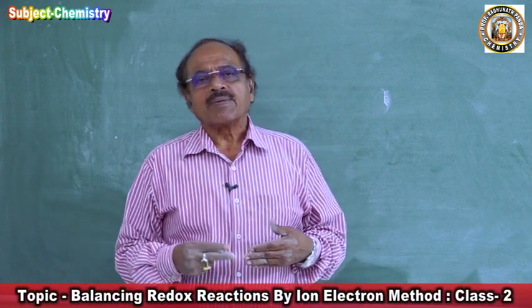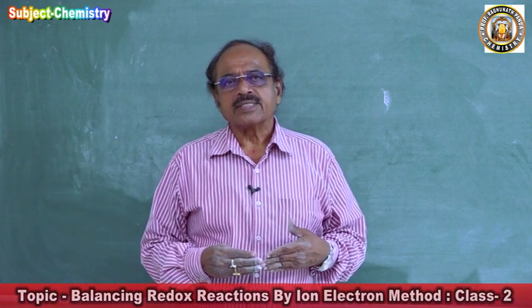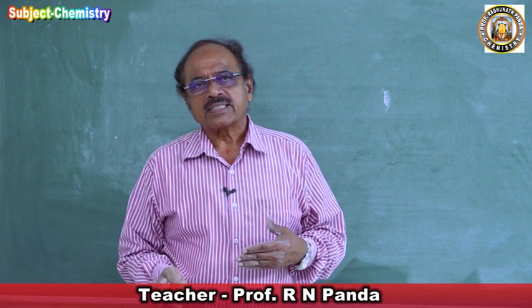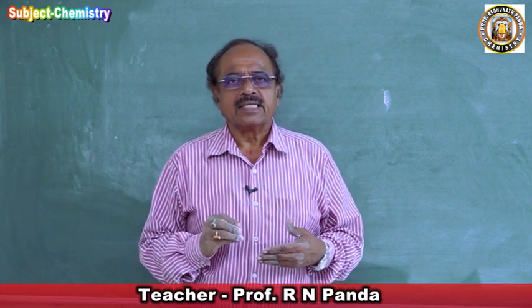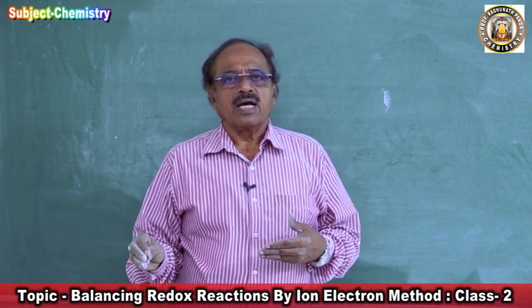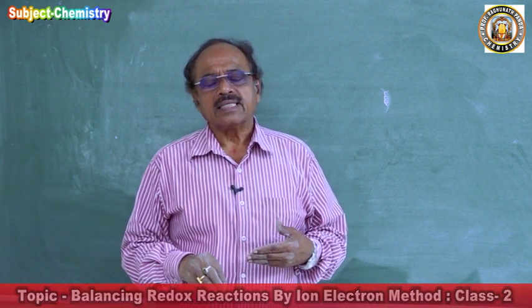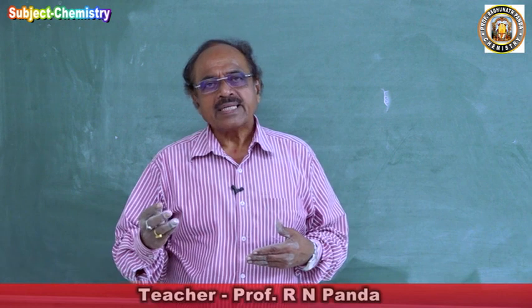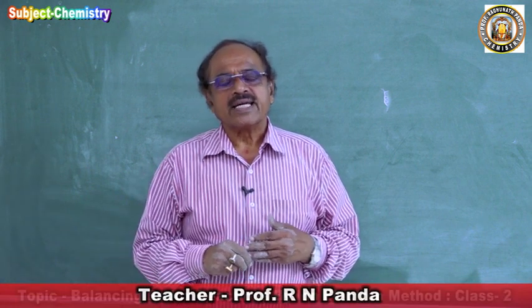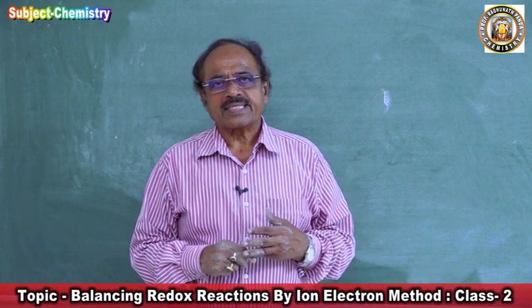Why? Because during oxidation the electrons are lost, and during reduction the electrons are added. So if you balance the electrons, then automatically the oxidized state and reduced state are balanced.